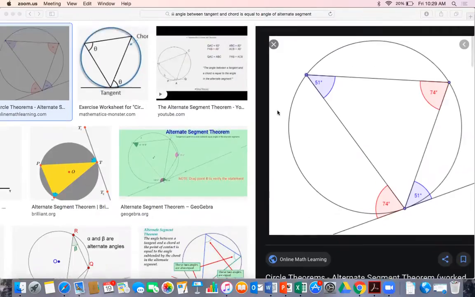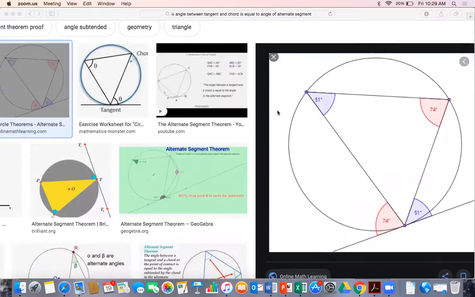So what's the explanation again? The explanation is the angle between, let me write it down now.